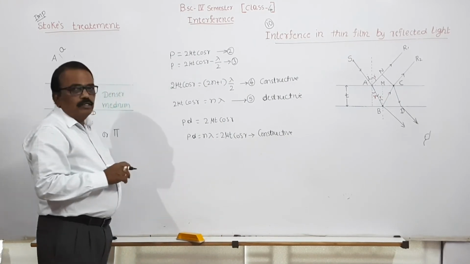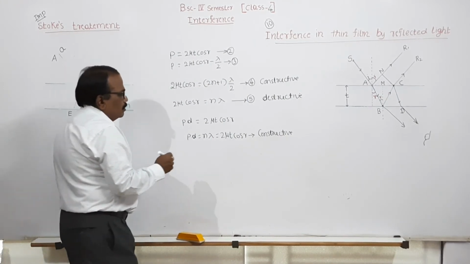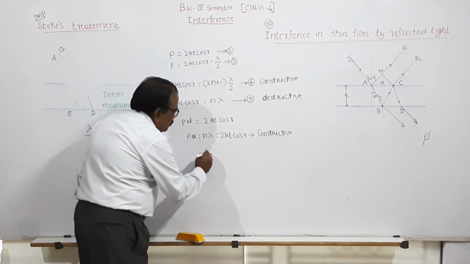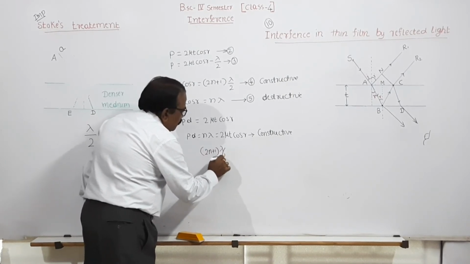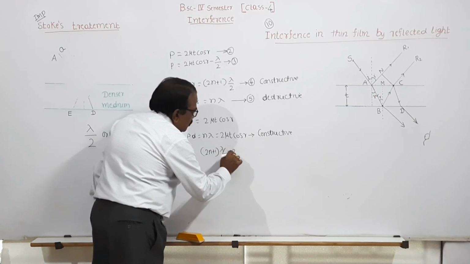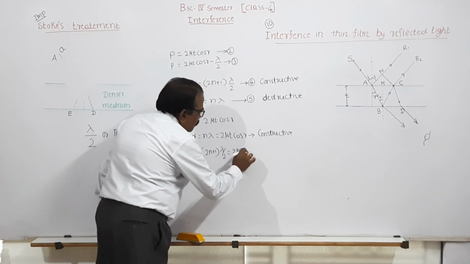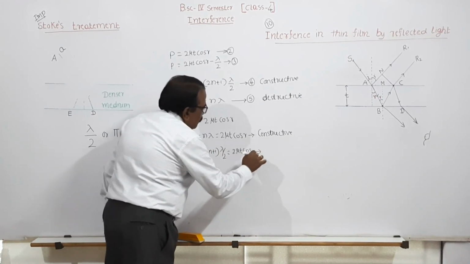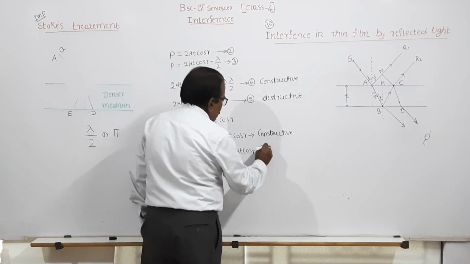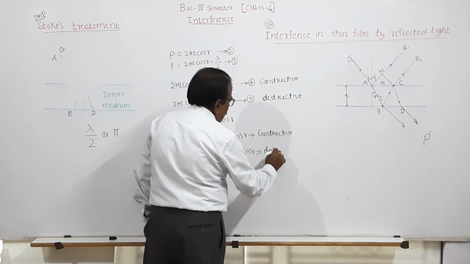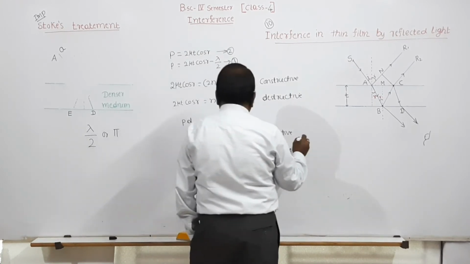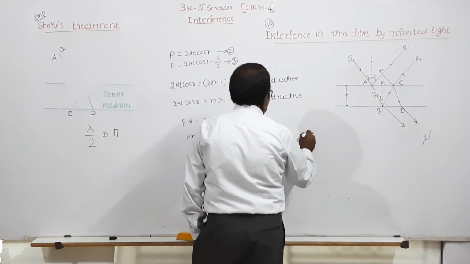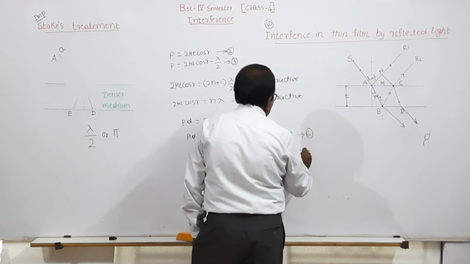And for destructive interference, the path difference is 2n plus 1 lambda by 2, that is 2 mu t cos r. Call this equation as 6 and this as 7.